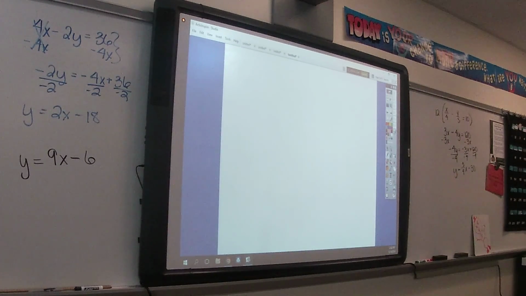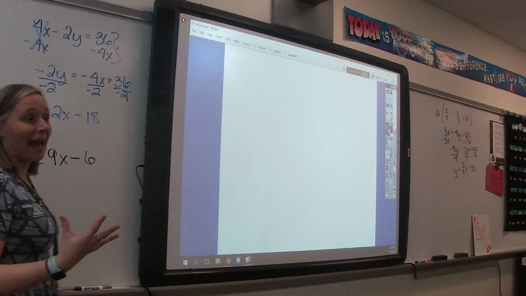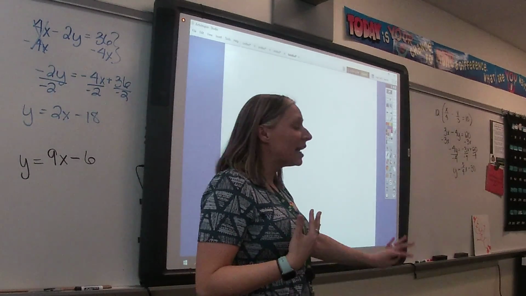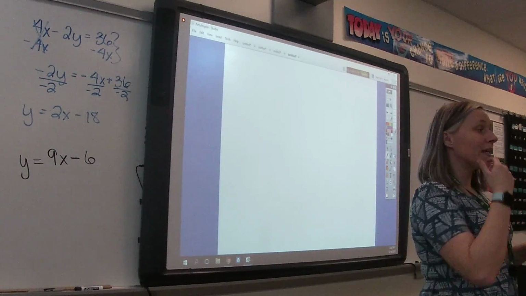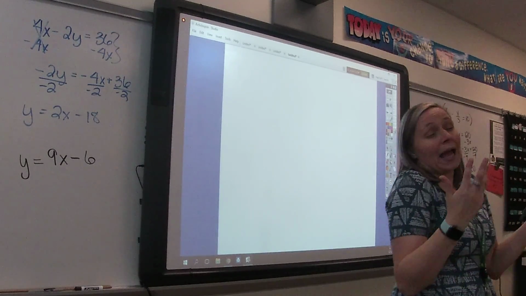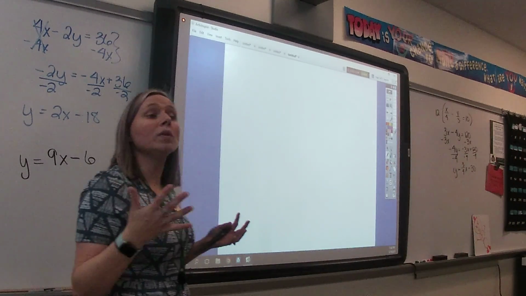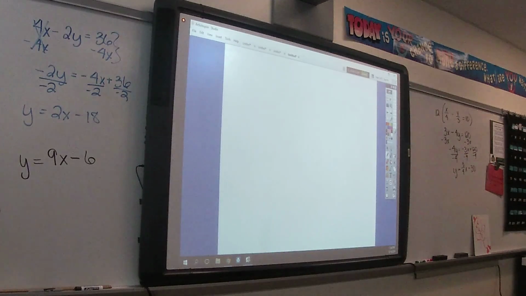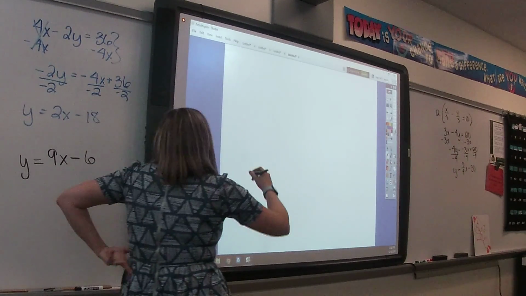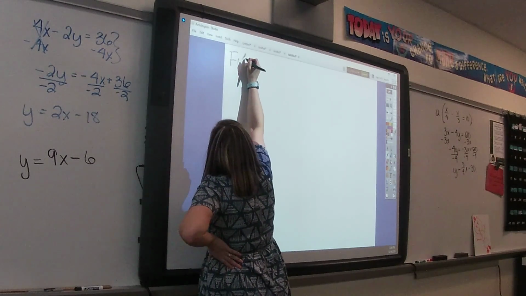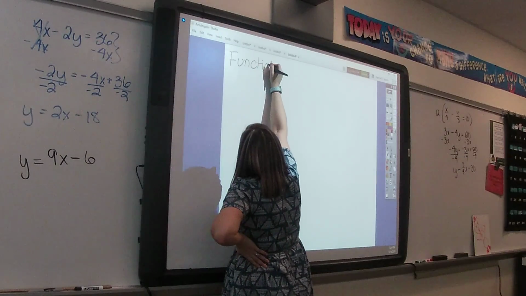Now, there is one representation that a function gets that a relation does not. We can't use this representation for any relation. We can only use this representation for a function. And it is a function rule or function notation.